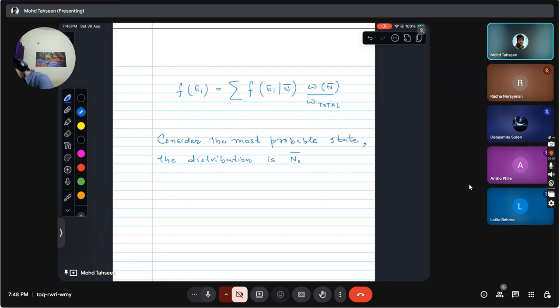And if we put that into the equation, we find that at the most probable distribution, this omega n naught bar divided by omega total will be very close to 1.